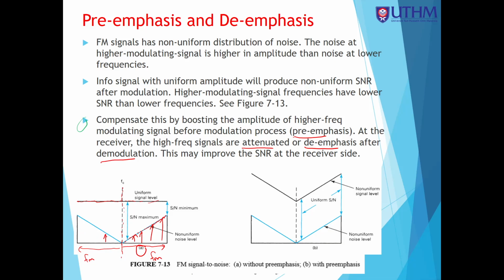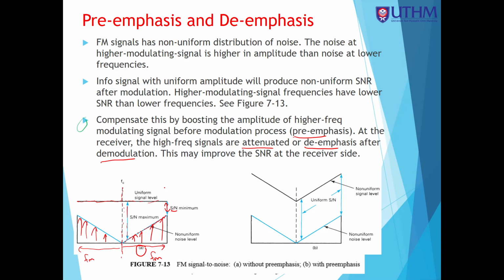This is a theoretical concept: the higher the modulating signal frequency that we use, the higher the noise level. What happens if the noise level is higher? The SNR will be reduced. If we use the lower modulating signal frequency, the SNR is higher compared to the SNR if we use a higher value of modulating signal frequency.